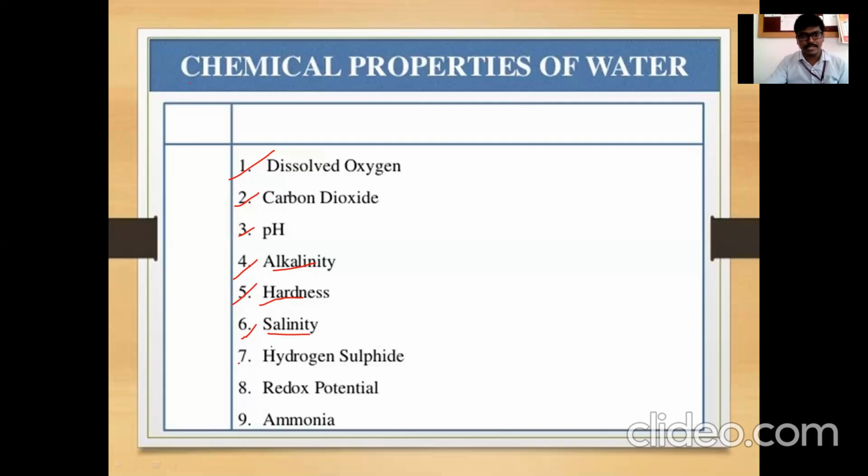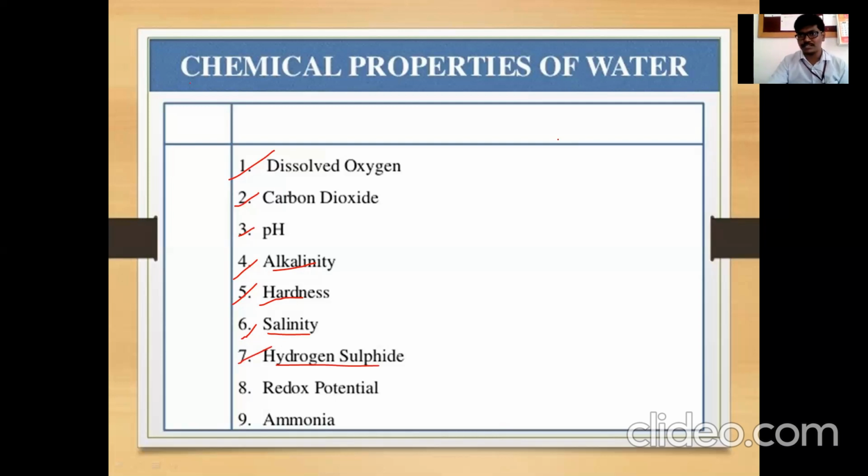And hydrogen sulfide. Hydrogen sulfide should not be present in the water, because it should be taken care of because of sewage pollution. Because of the sewage, hydrogen sulfide may get into the water, so that should be avoided.